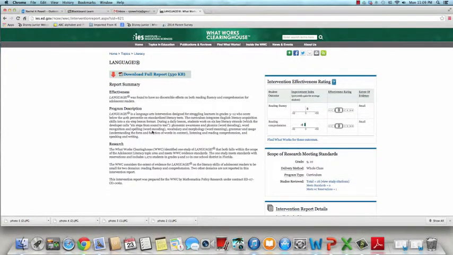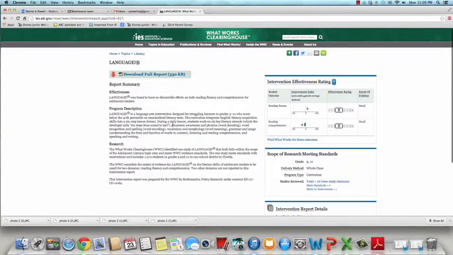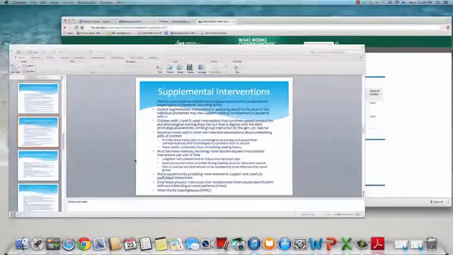Now, it's not going to be good for reading comprehension because it's not what it's designed for. And it doesn't have a measure of these skills that the program is designed to do. So it's worth exploring if you're interested in the different types of evaluations this has.